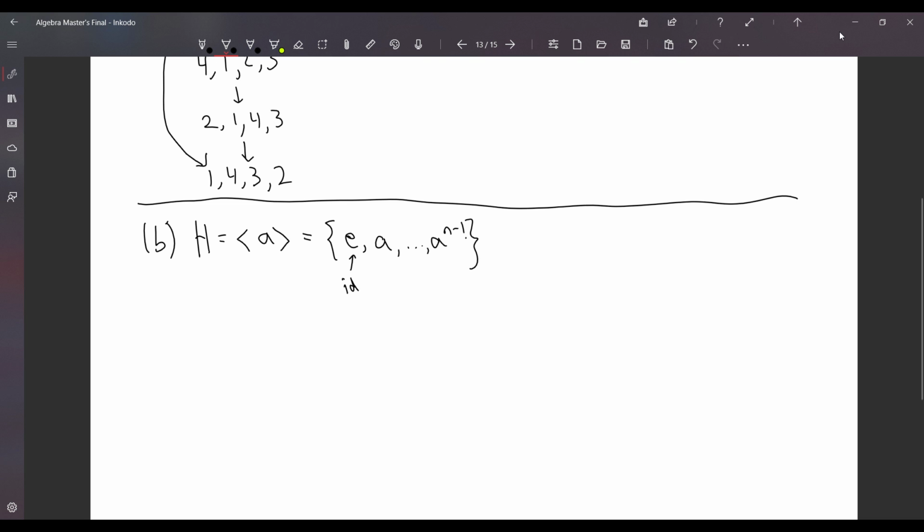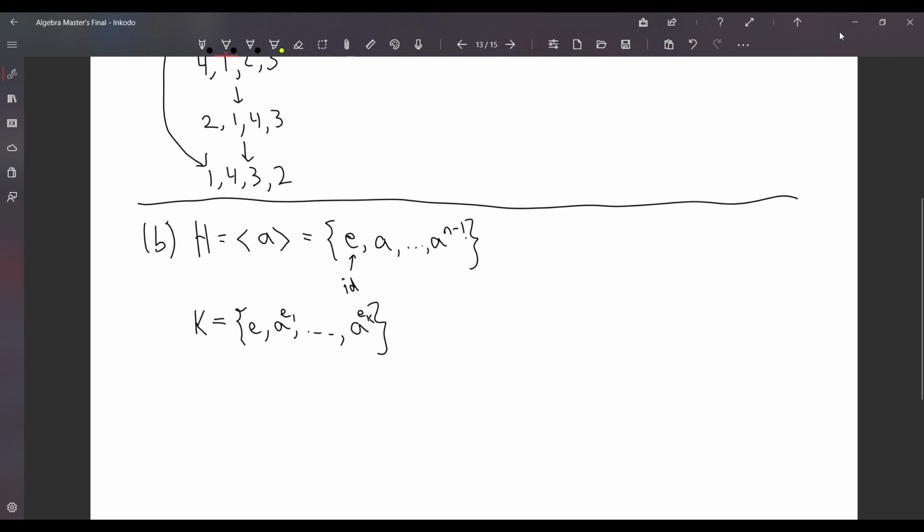Then K is going to consist of some subset of this containing E, and it's all going to be powers of A. Of course, this has to be defined in such a way that these exponents form some abelian group under addition, so this is going to be an abelian group as well.